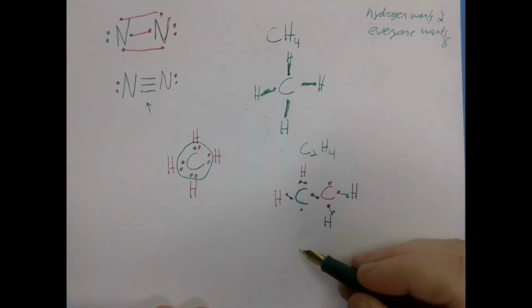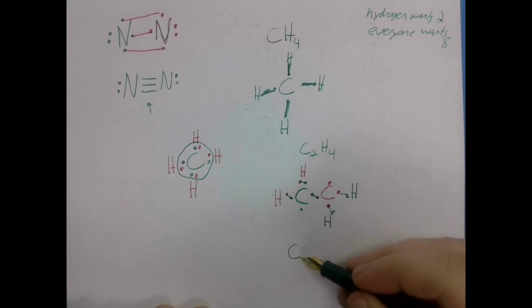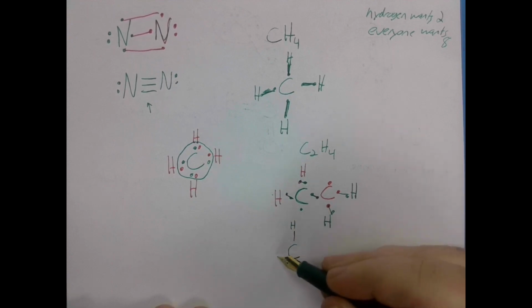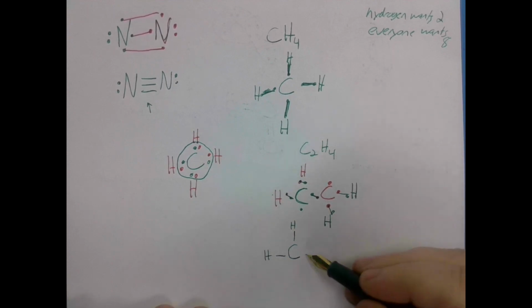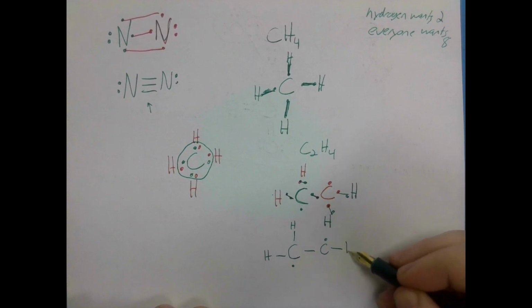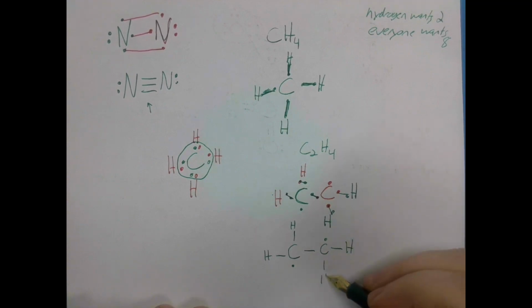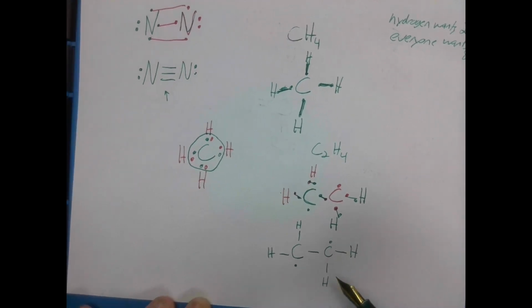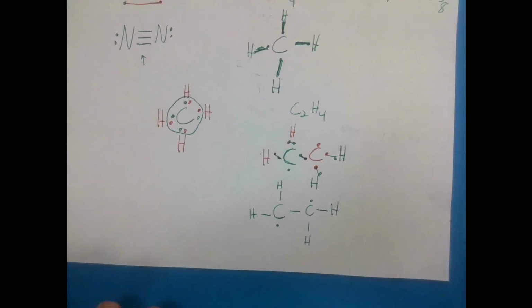So what I have right now is a carbon attached to a hydrogen, a single dot left, a single dot right here, attached to another hydrogen. How many dots are around this hydrogen? Or how many electrons are around it?